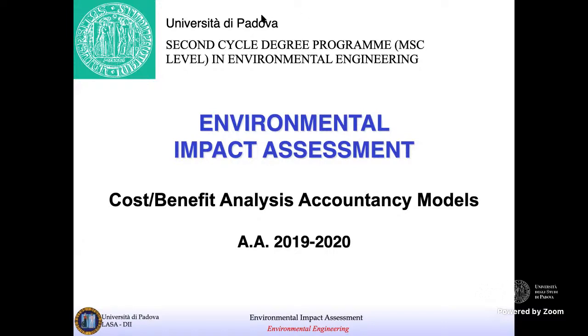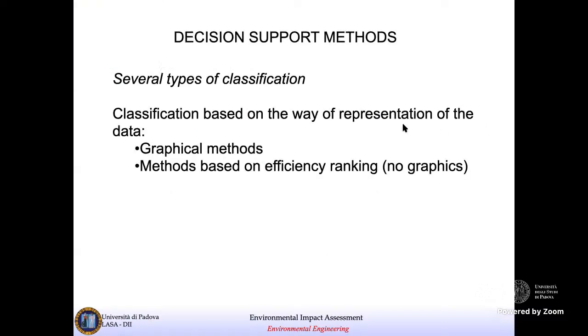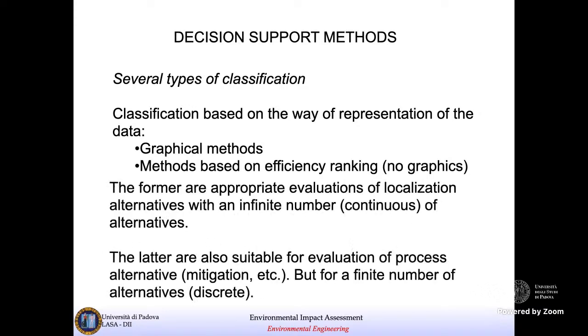So today we start with cost-benefit analysis. That is the beginning of the accountancy models. In particular, we have seen that there are several decision support tools, decision support methods, for which we have several types of classification. We have a classification that is based on the way of representation of the data, for example, graphical methods, or methods based on efficiency ranking, in which you do not have graphics, but instead you produce a ranking of alternatives.